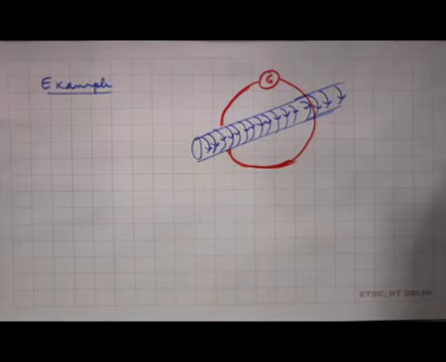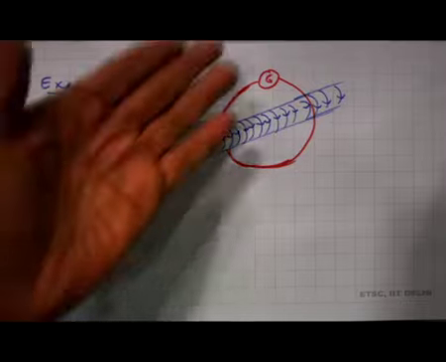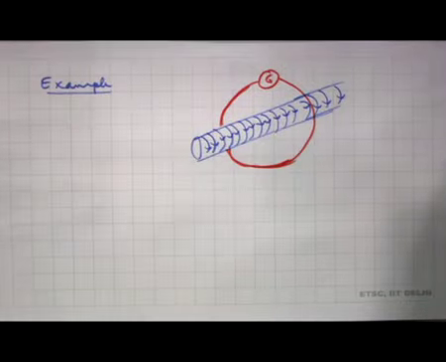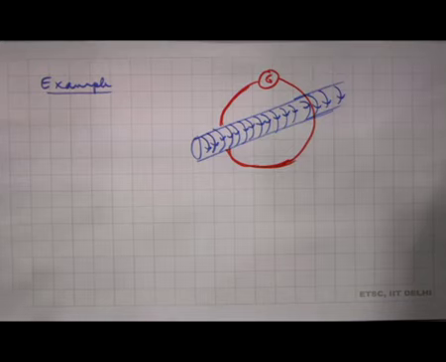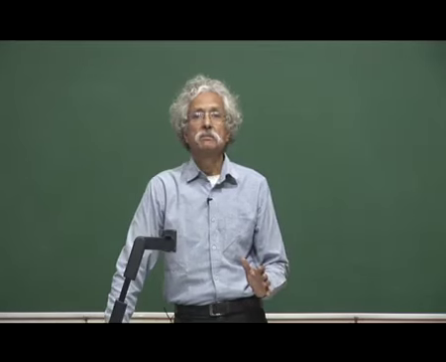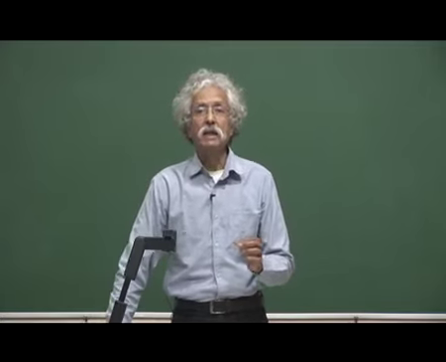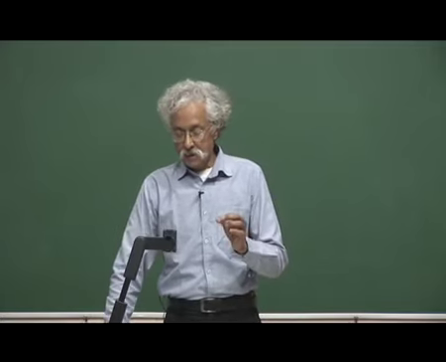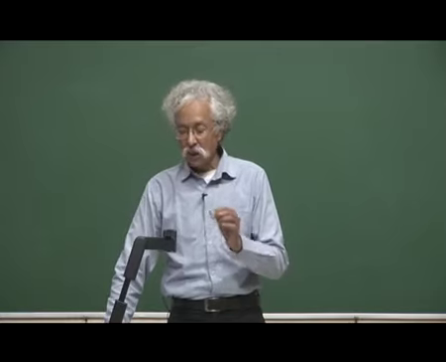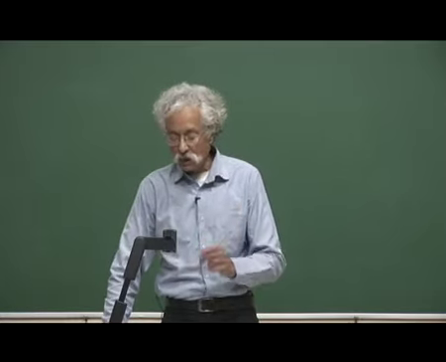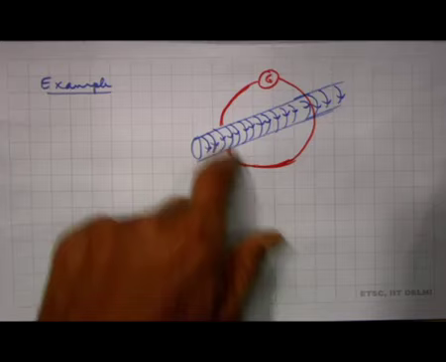Now, in this case there is no moving conductor, so there is no Lorentz force. In fact, the magnetic field itself is almost negligible outside. So, what is happening? Why is there current in the outside conductor? It is simply because a changing magnetic field produces an electric field. So, this changing magnetic field within the solenoid is actually generating an electric field outside, and that electric field is what is driving the current through this outer conductor.